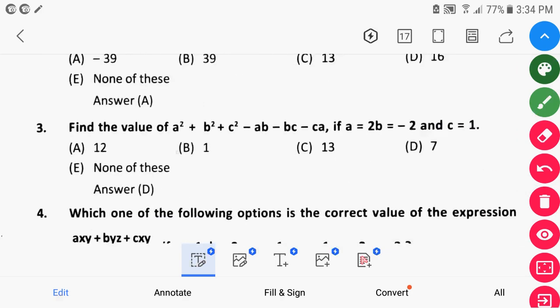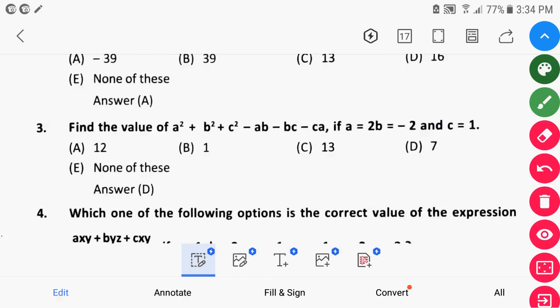Okay. Now here also a square plus b square plus c square minus ab minus bc minus ca is given, and here the value of a is equal to minus 2, b is equal to minus 1 and c is equal to 1 is given.